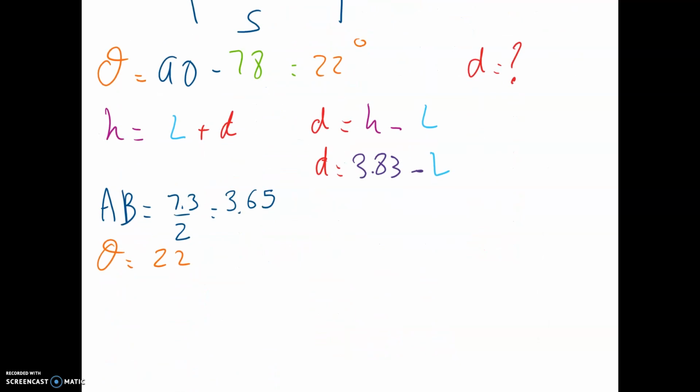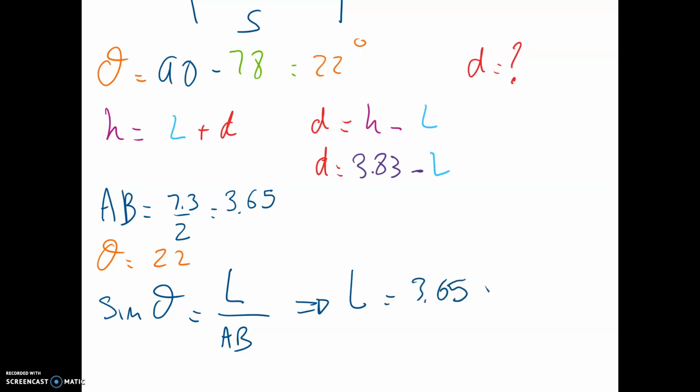And so I can use the sine of my angle theta equals the opposite side divided by the hypotenuse, which is AB. And remember, I need to find L if I want to find lowercase d. So L is going to be equal to 3.65 multiplied by the sine of 22 degrees.